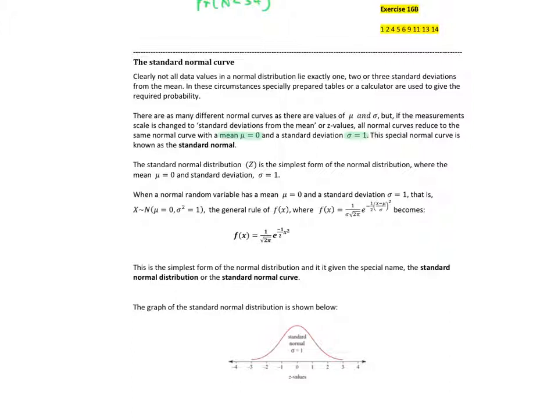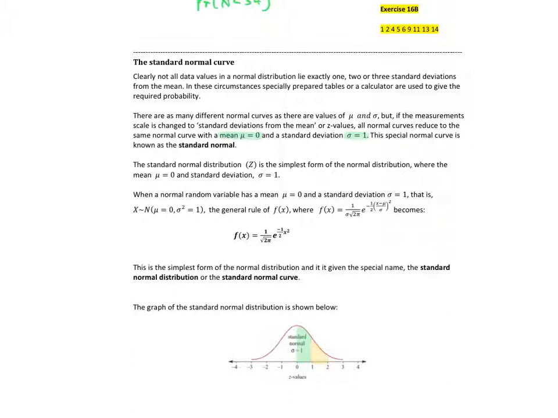Which means if I get a score of 1 on a standard normal curve, I'm 1 standard deviation above. If I get a score of 2, I'm 2 standard deviations above. Similarly for -1 or -2.